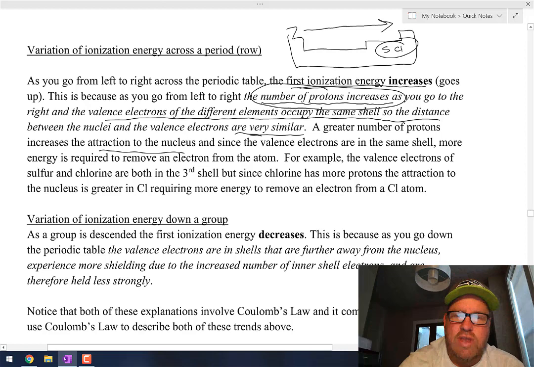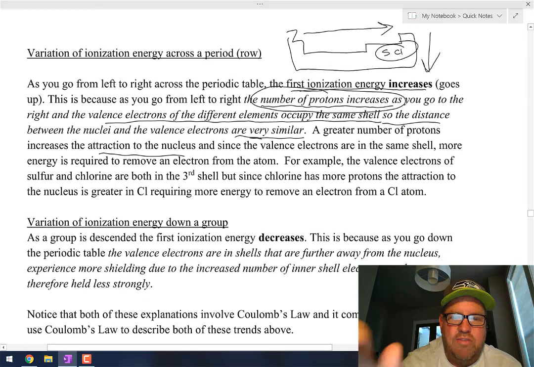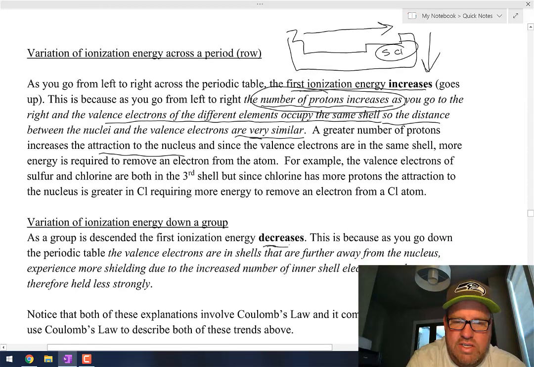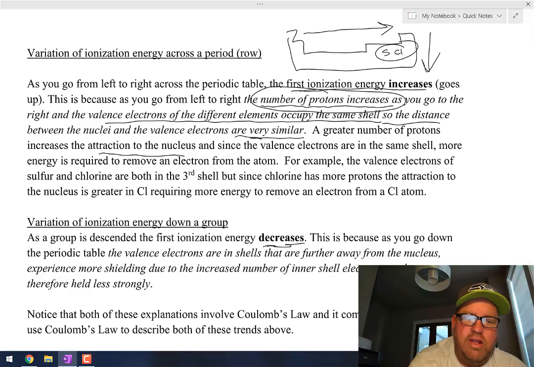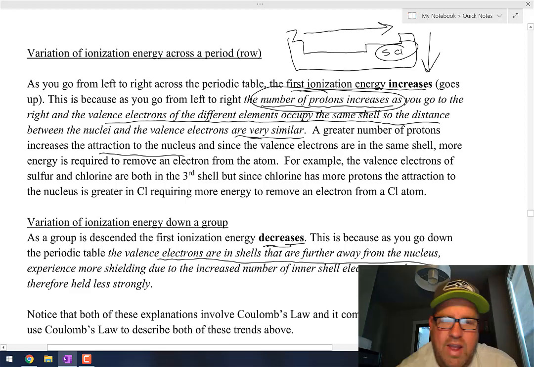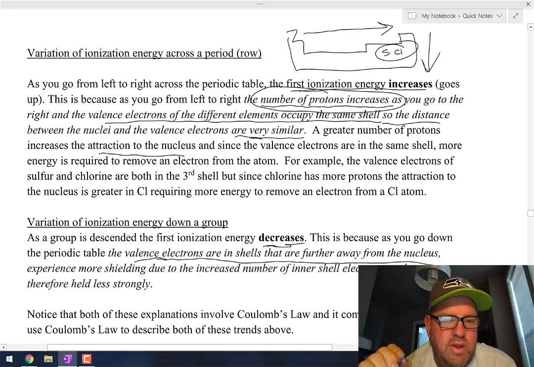As you go down a group on the periodic table, the first ionization energy, in this case, decreases. Really there's only one thing you need to talk about here: as you go down the periodic table, the valence electrons are in shells that are farther away from the nucleus.